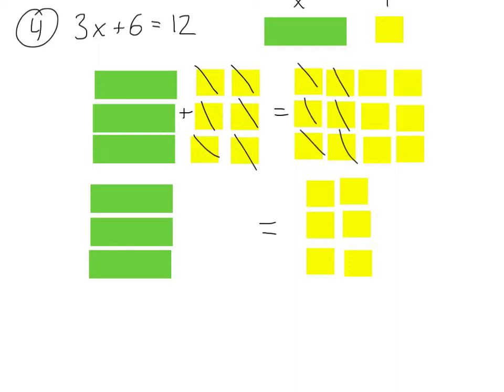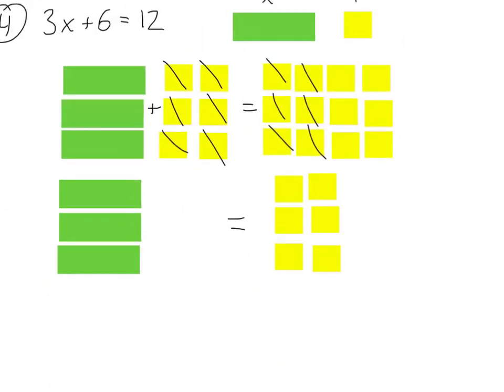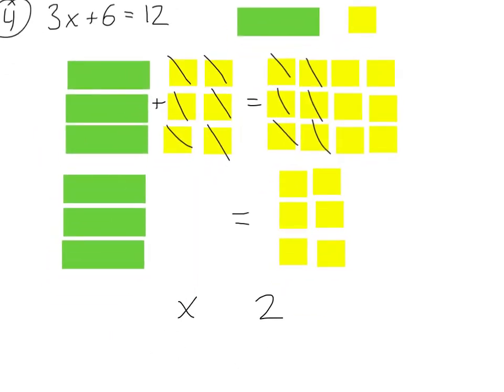So you can see I have them lined up for a reason. For this green, there are 2 there. And for this green, there are 2 there. And what does each green stand for? Well, each green, again, we set up here, stands for an x. So for each x, we have 2 yellow tiles, or 2 tiles that are worth 1. And we keep our equal sign, and all of a sudden, we have our answer.